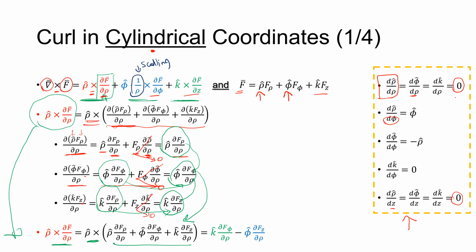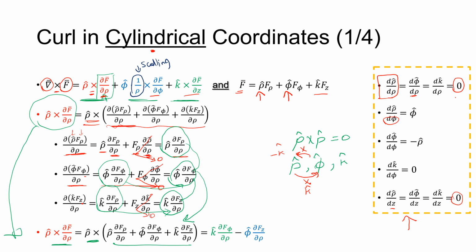And we just need to remember the components which are identical. If you cross rho hat with rho hat, this just equals 0 because there is no angle between them. But if you cross, let's write it again, rho, phi, and k, you need to take care of the direction. If you go from rho to phi, make the cross product, you will be left with k. But if you do the opposite, meaning you go from phi cross rho, you will get minus k.